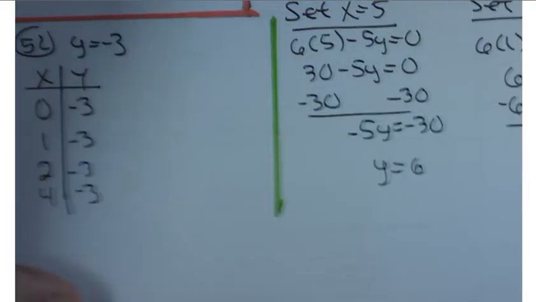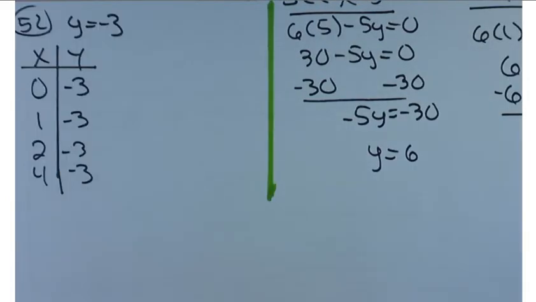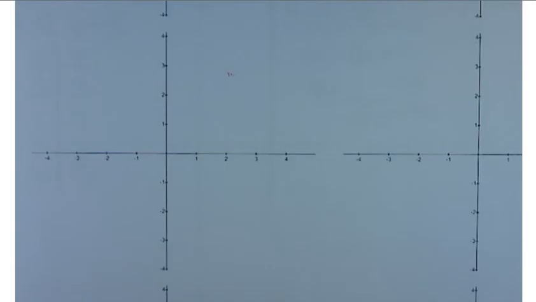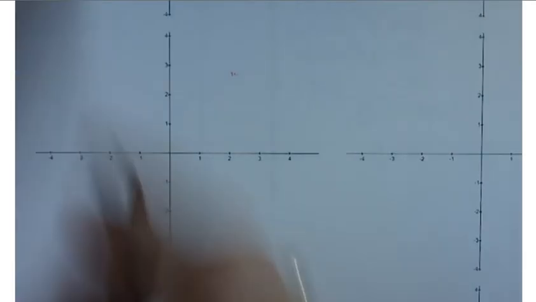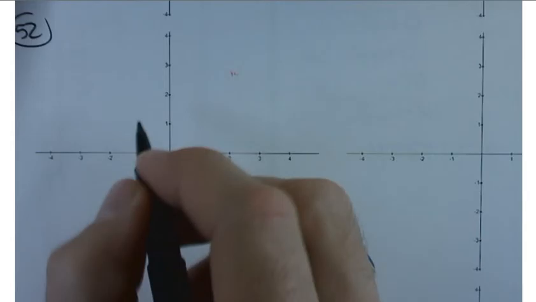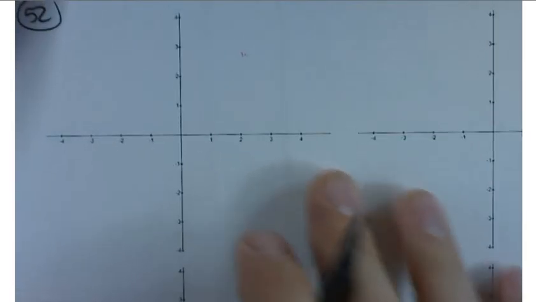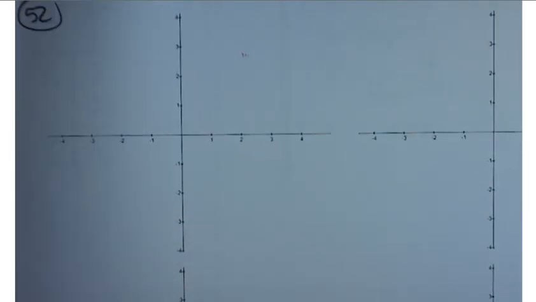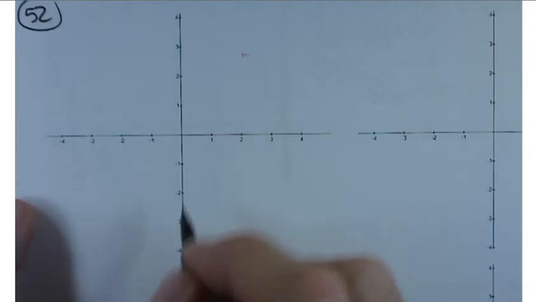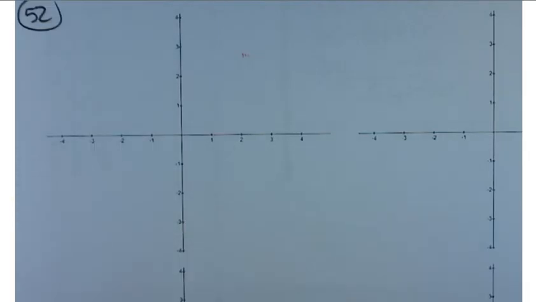So let's graph that. You can graph that back on the front side if you want. I think it'll fit a little bit better there. So graph those points. What do you notice about the line that you're getting?